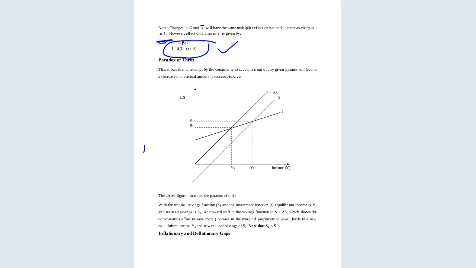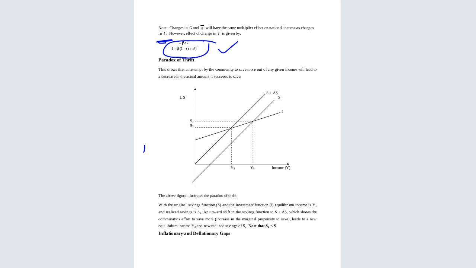We have this diagram with the IS on the vertical axis, and income on the horizontal axis. We have the savings function and the investment function. This diagram simply illustrates the paradox of thrift, and you need to understand how this happens.